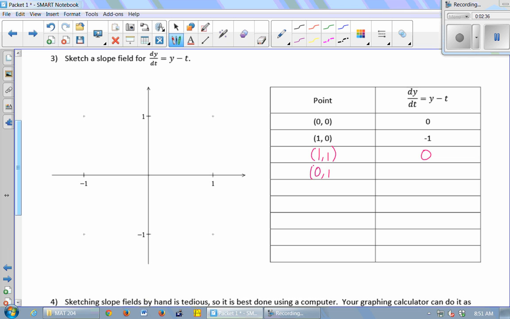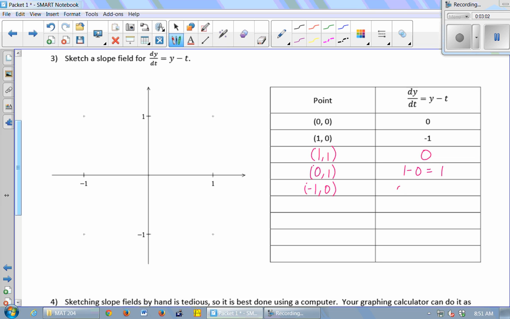(0, 1) would be what? One. y minus t, right? The y coordinate is 1 and the t coordinate is 0. Negative 1, 0.